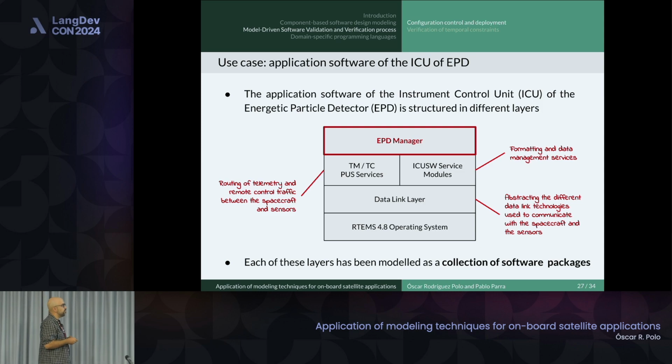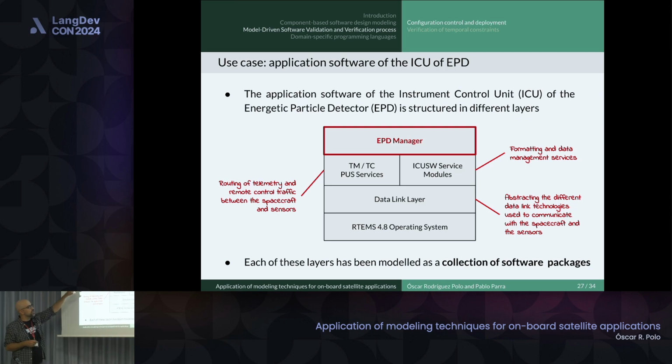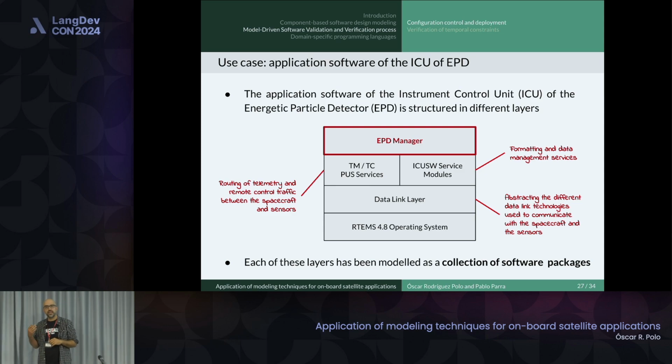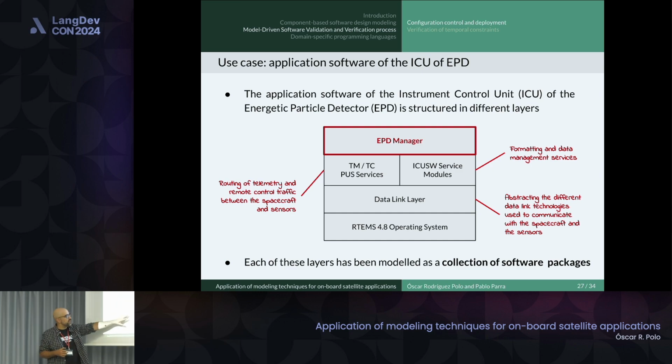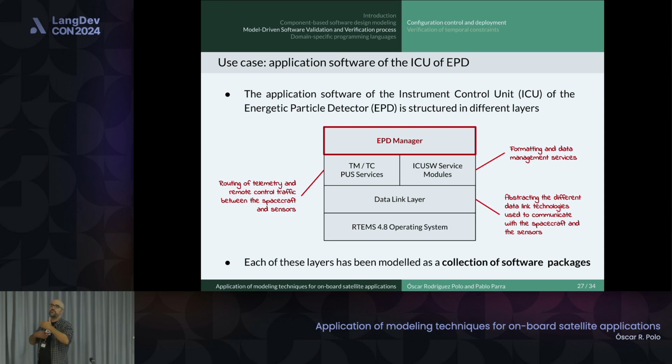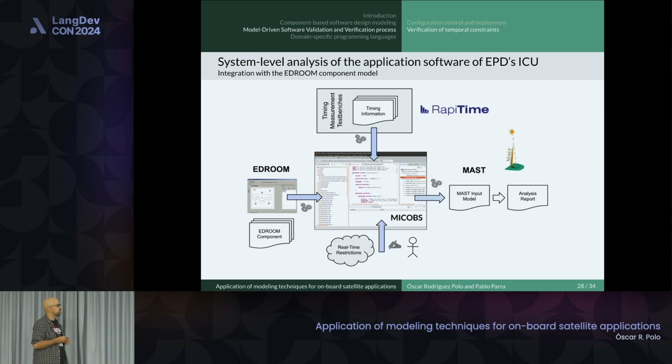So we have here some packages, a service layer with some services on top of the real-time operating system, and on top of this service layer there was the main application code that was partially generated with this code generation tool that I mentioned. Every part of this layer structure was modeled as a collection of software packages that were managed using this framework that we developed for this application.